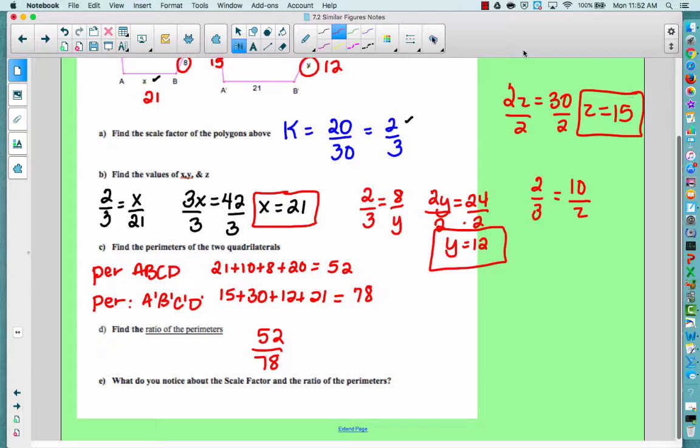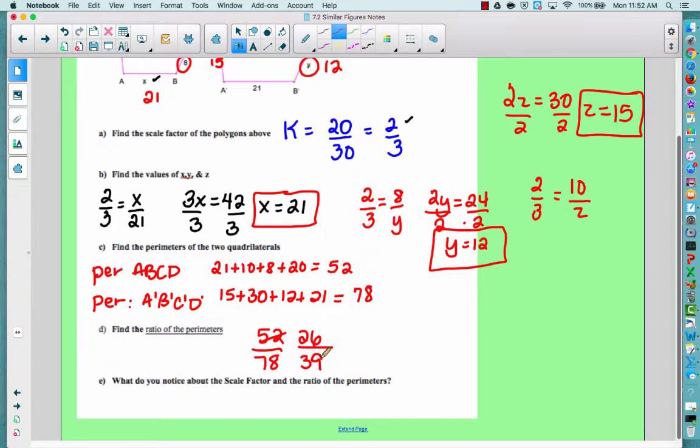Okay, well, I see that 2 goes into them. Does 4 go into them? 4 does not go into them. So if I divide by 2, 2 goes into 52 26 times, and 2 goes into 78 39 times.